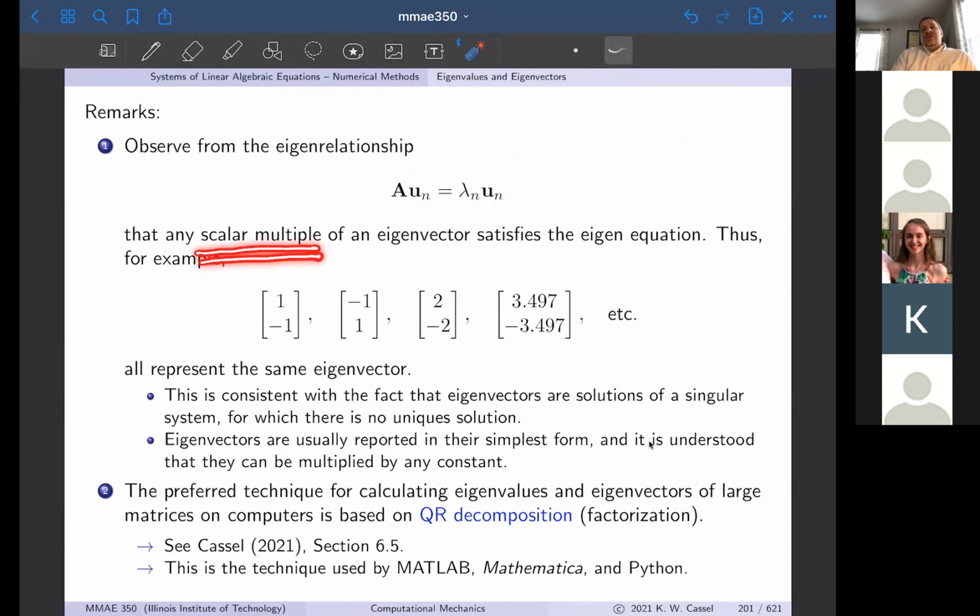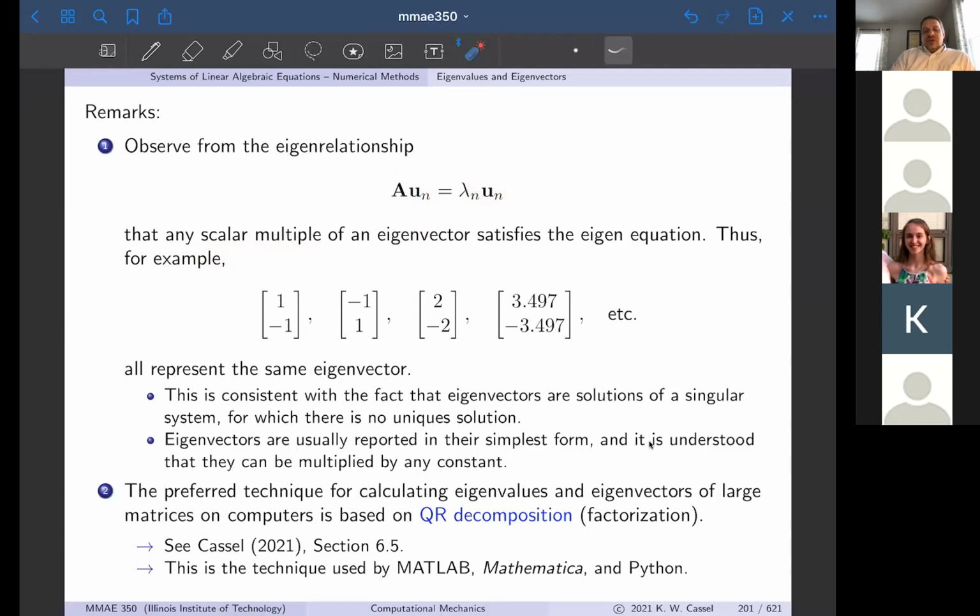So you will often see them expressed a little bit differently. In other words, if I asked 2 of you or 10 of you to get the eigenvalues and eigenvectors of a system, oftentimes your eigenvectors will look a little bit different. And the reason is because you'll make different choices about what the constant is that's multiplying these u's.